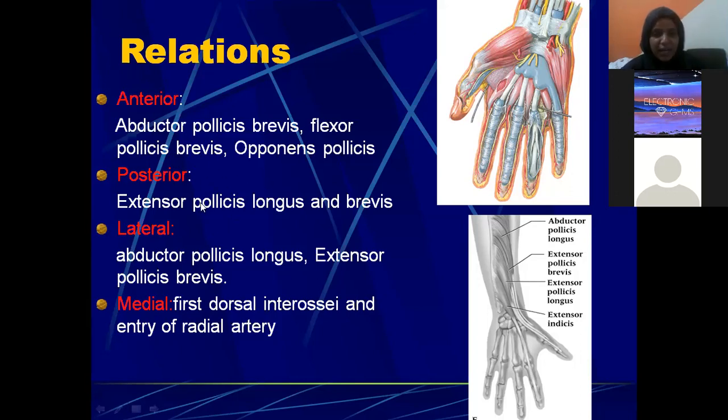Then posteriorly, you have extensor pollicis longus and brevis. Then laterally we have abductor pollicis longus and extensor pollicis brevis. They take part in the formation of the anatomical snuff box. Medially, you will see the first dorsal interossei and the entry of the radial artery. Apart from the radial artery, what do we find in the snuff box, beta?